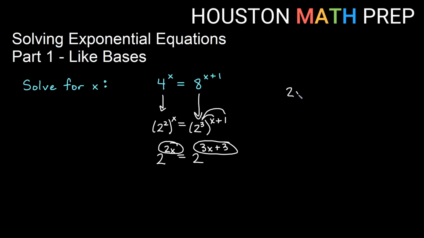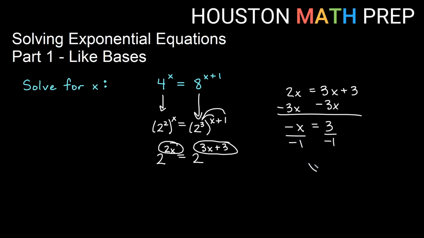So we will get that 2x is equal to 3x plus 3. And if I subtract 3x from both sides, I will get negative x is equal to 3. And if I divide both sides by negative 1, then we'll get that x is negative 3 for this one.